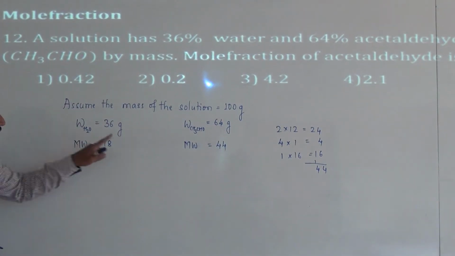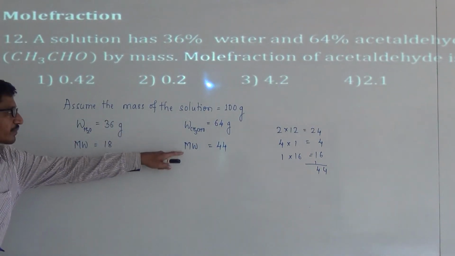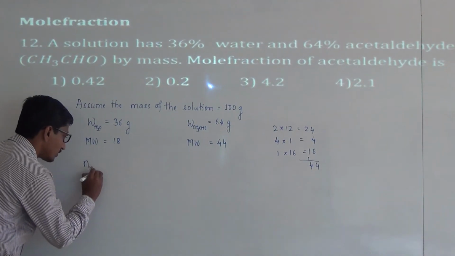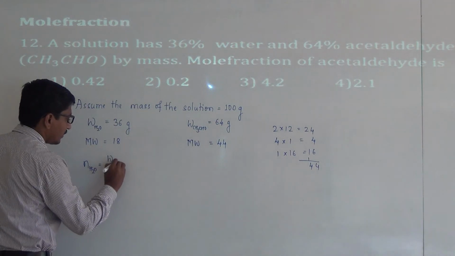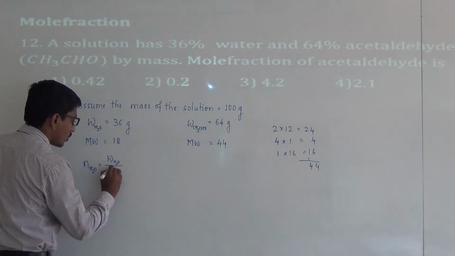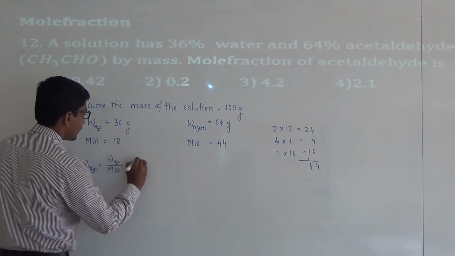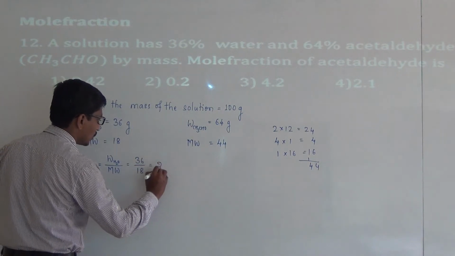Then we have to calculate number of moles of water and number of moles of acetaldehyde. The number of moles of water, nH2O, is equal to weight of water by molar mass. This is equal to 36 by 18. This is 2.